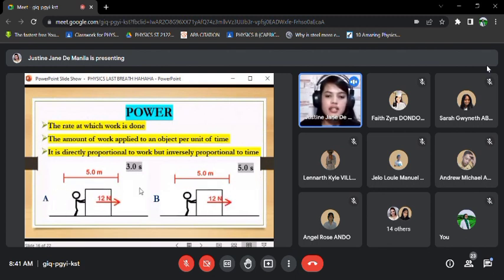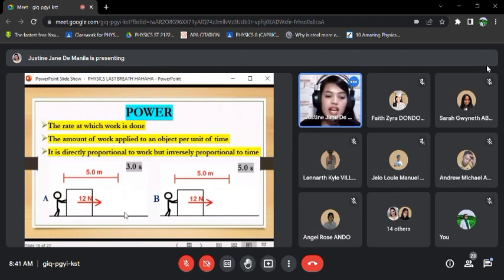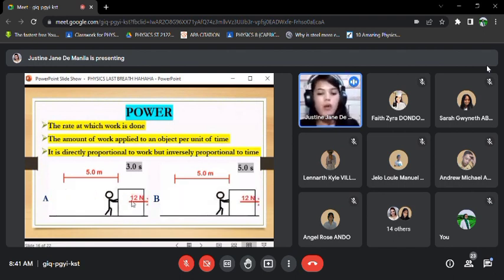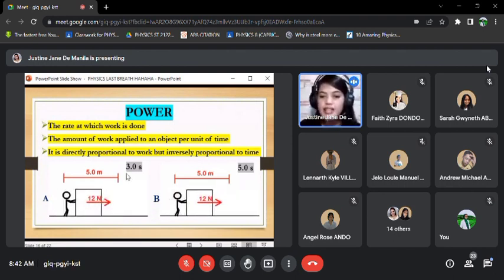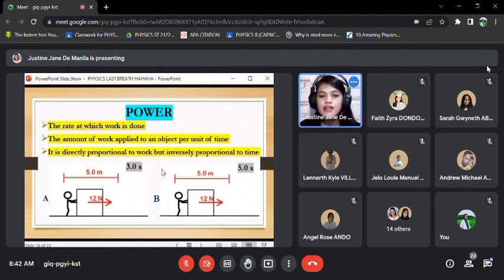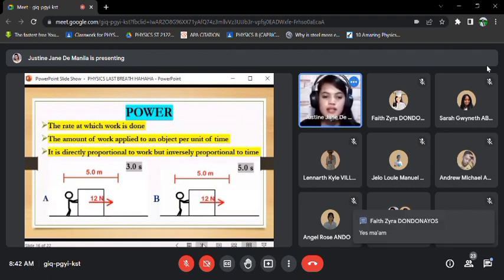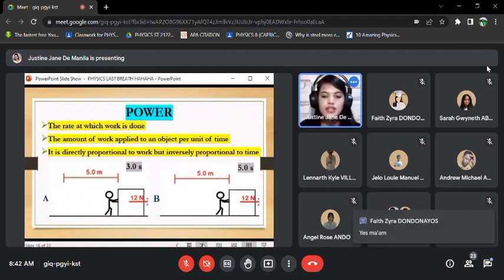In power, the faster you move an object, the greater your power. So, did you get it, class? Do you understand power? Yes, ma'am, according to Faith.